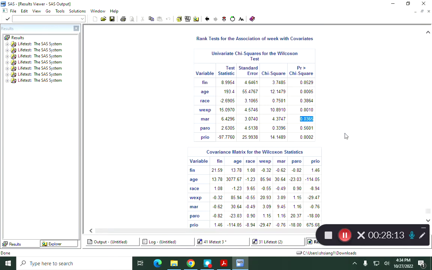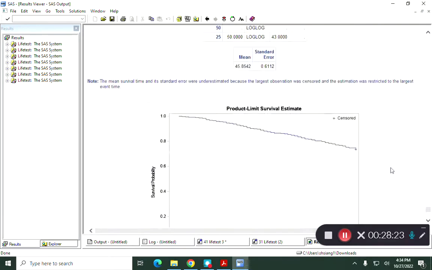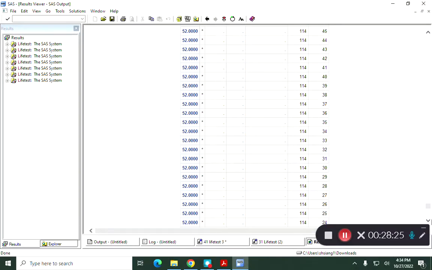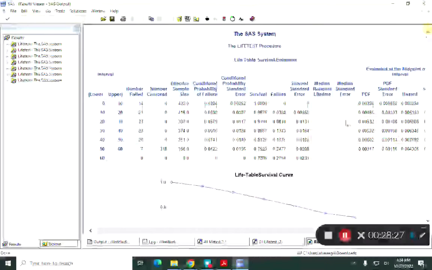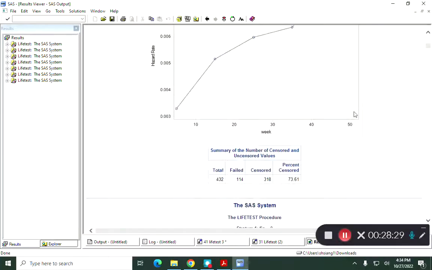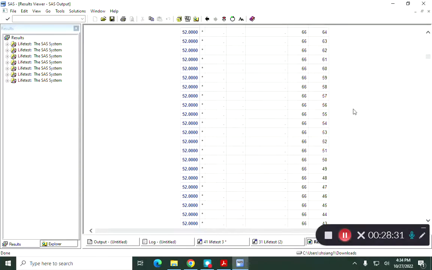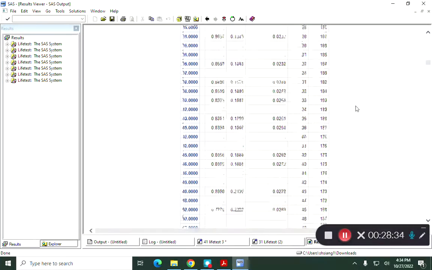Marriage is significant, okay? And prior parole or not parole is not significant. So let's look at the charts, okay? And this is a lot of work, but I would like to show you one by one quickly.